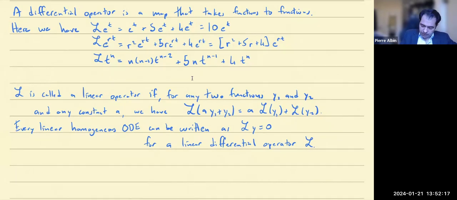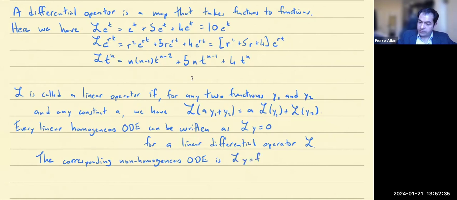And the corresponding non-homogeneous ODE is L of y equals f for some function f, often called the forcing term.